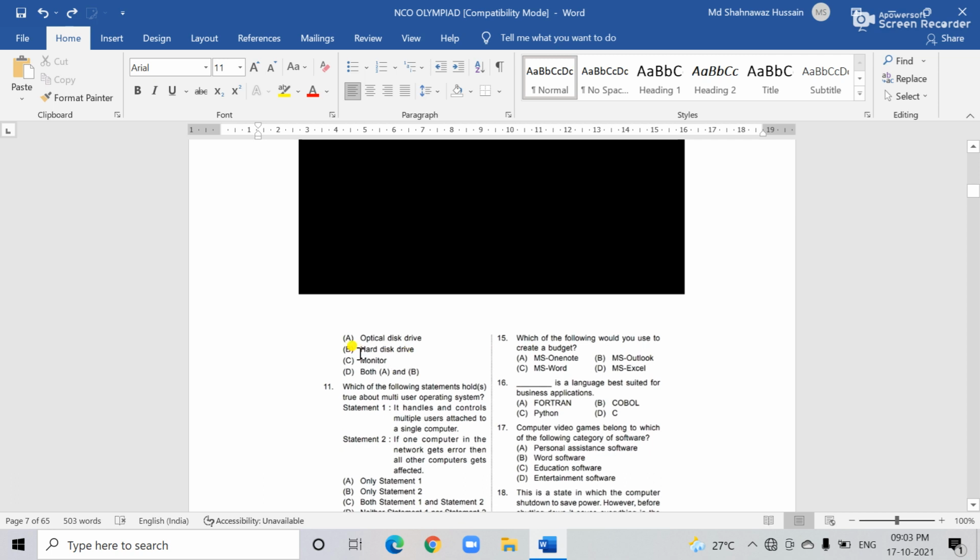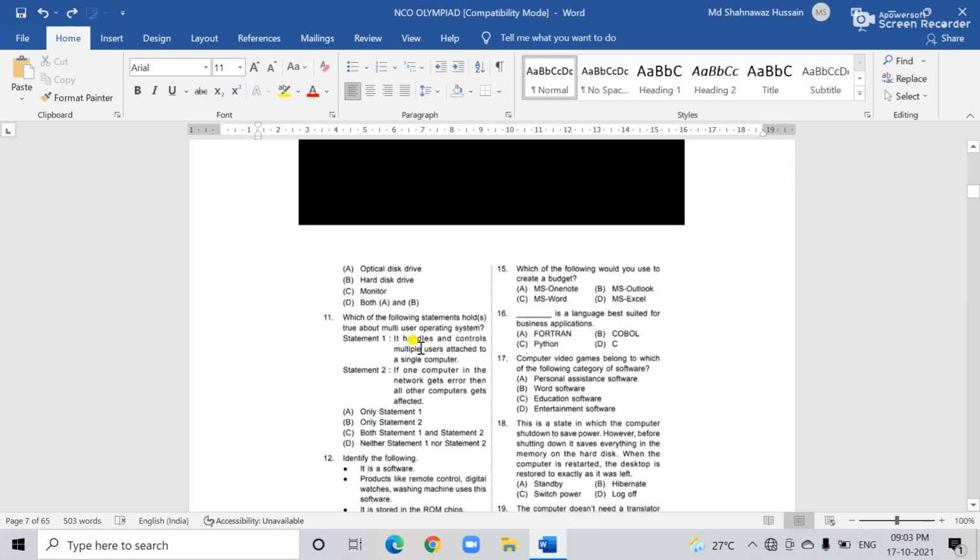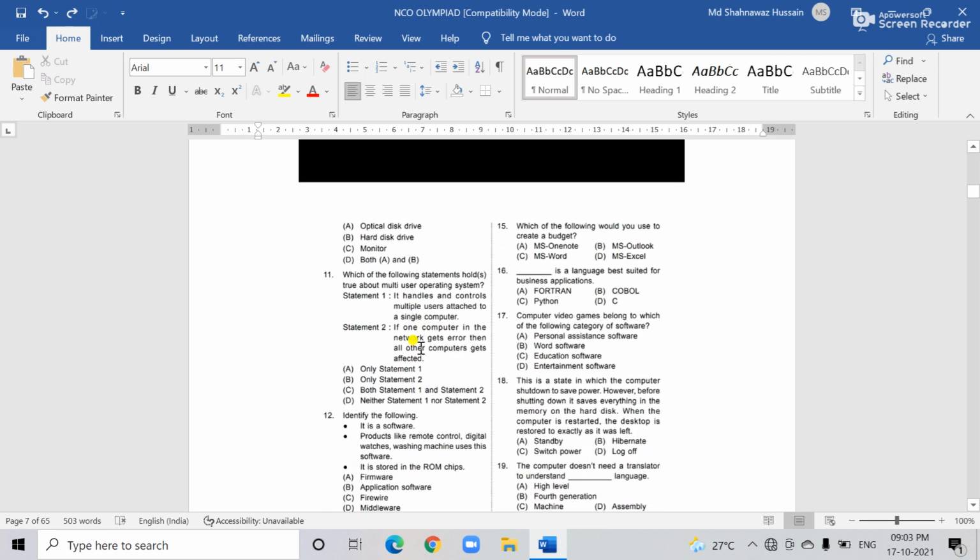The options are optical disk drive, hard disk drive, monitor, and both A and B. The correct answer is D, because the SATA cable is required for the optical disk drive and the hard disk drive. The SATA cable is used only inside the CPU, right? Inside the CPU, these two need a SATA cable.